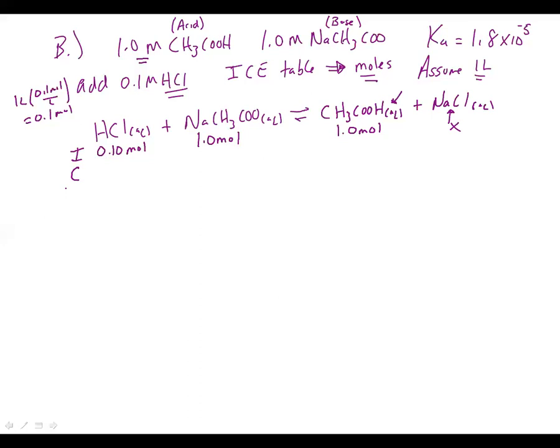And if this is a correctly functioning buffer, which is probably a safe assumption in most cases, we should assume that this buffer should use up all of the HCl that was added. So instead of an X here, we're actually going to use a number, and the change is going to be the 0.1 moles of the HCl. This would be minus 0.1. And on this side, it would be plus 0.1 moles.